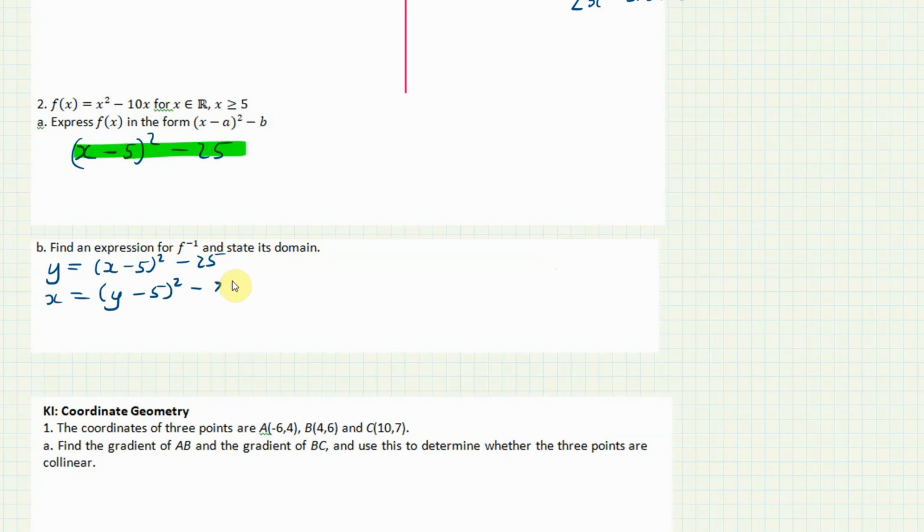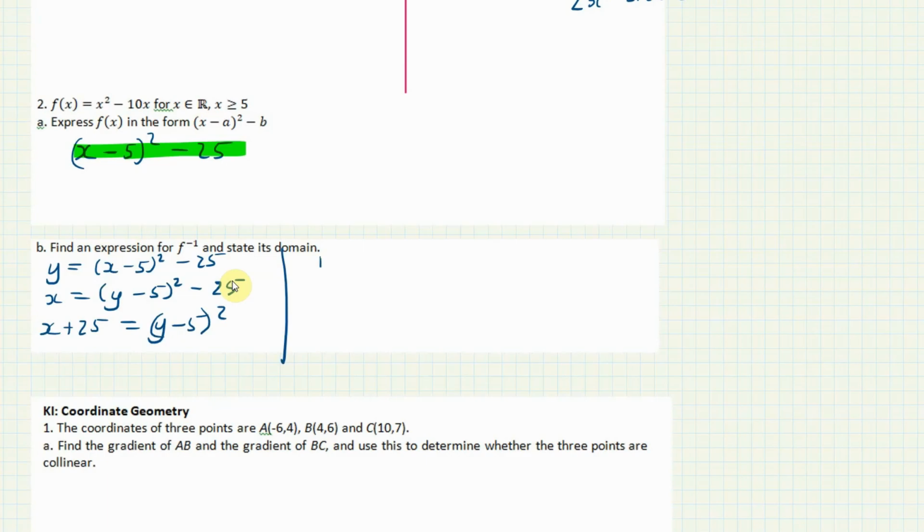Oh, what's going on here? Come back. Okay. And now I've got x plus 25 here is equal to (y minus 5) all squared. Now let's just go over here because we're running out of room.